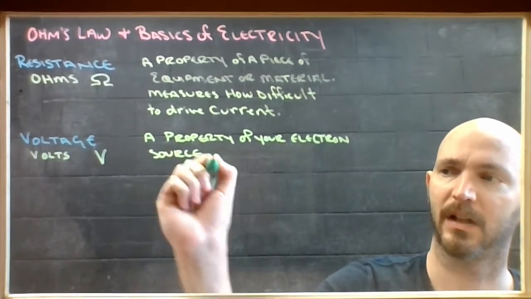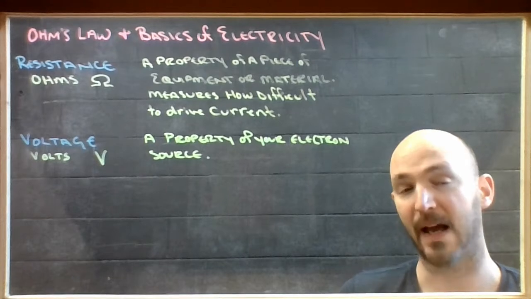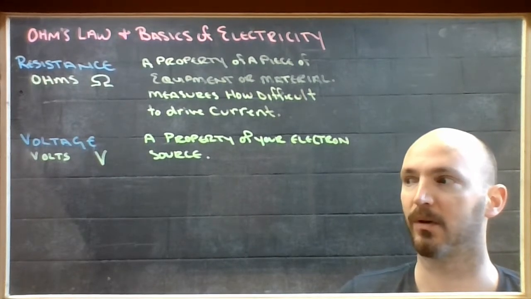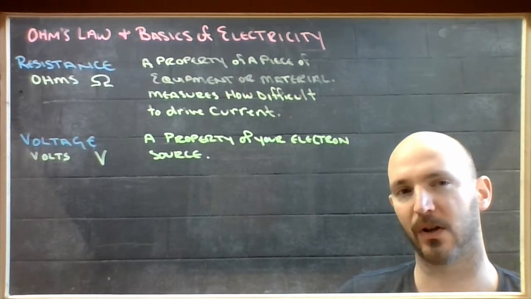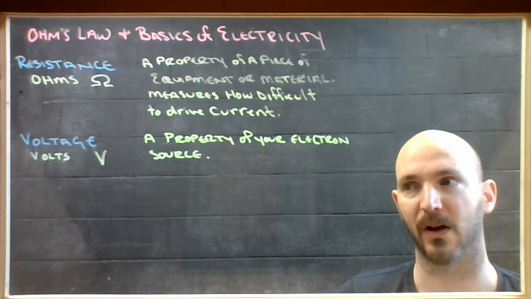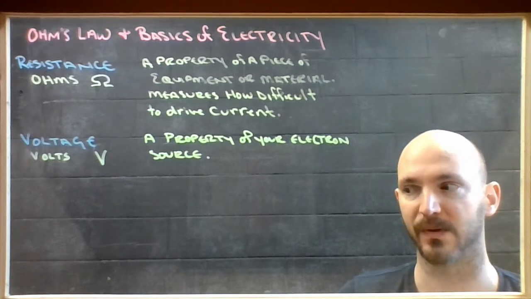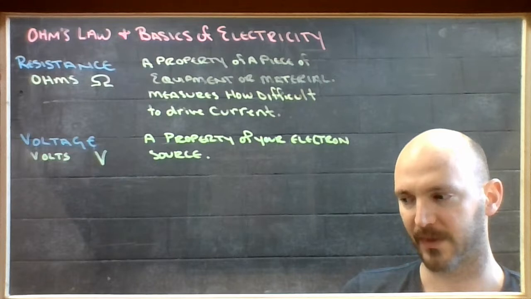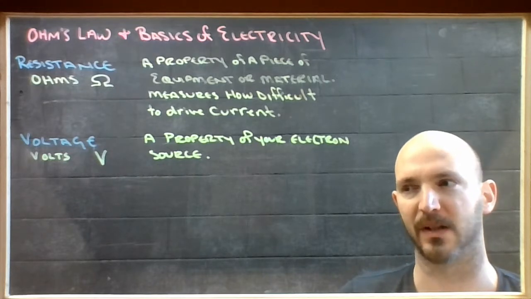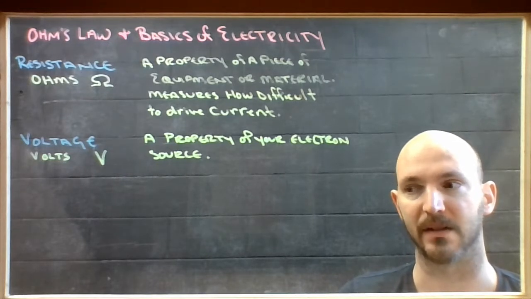So you would say that a battery is a 9-volt battery, or that the household current available in your house operates at 110 volts. Well, that has something to do with how those electrons are energized in the first place.